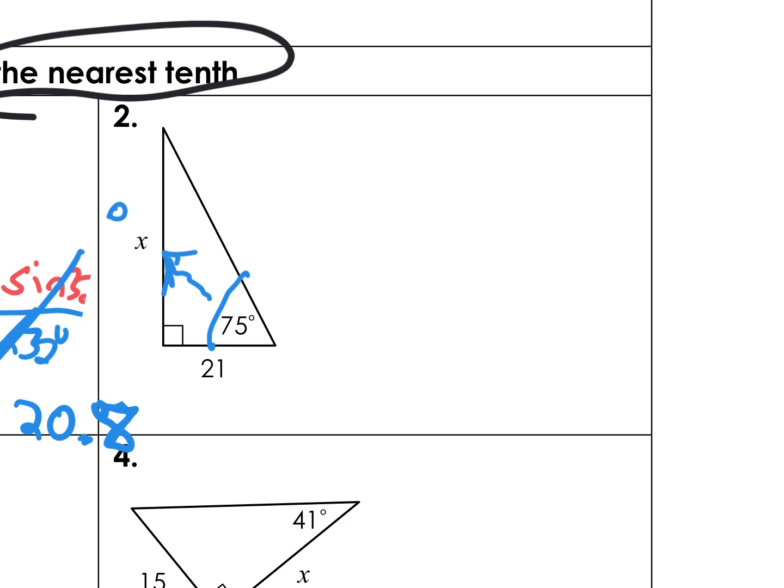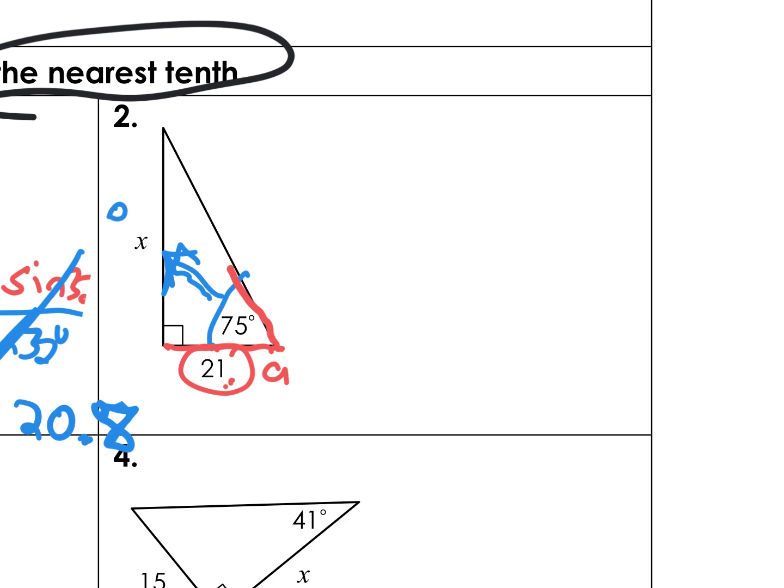See, I even gave you a hint by drawing an arrow across the street. And then I'm given this 21. The reason the 21 is the A is because it's literally touching the angle. You see how that angle 75 degrees uses the 21 as a leg? We call that adjacent because it is touching it.